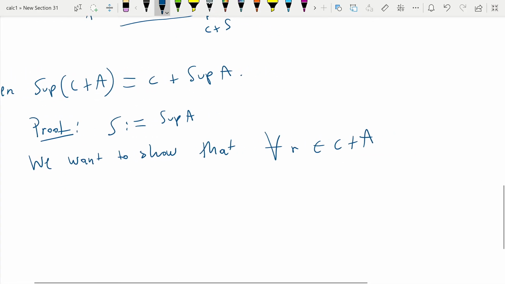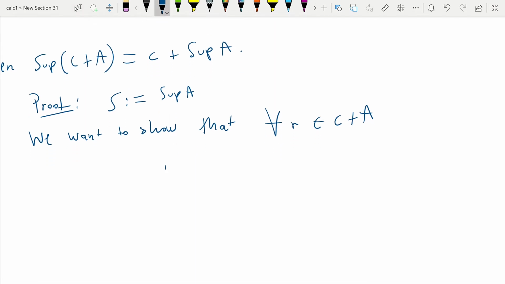Any r in the set C plus A, we want to show that r is bounded from above by the C plus S.